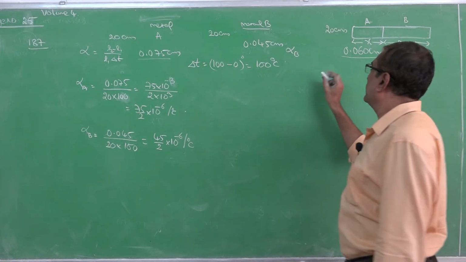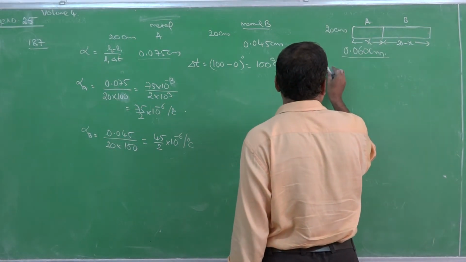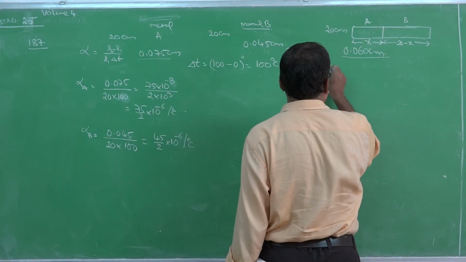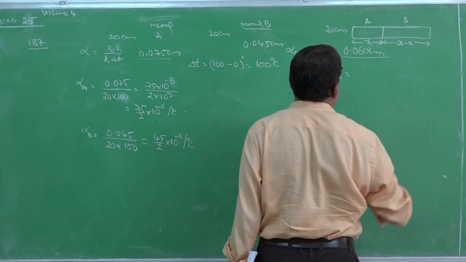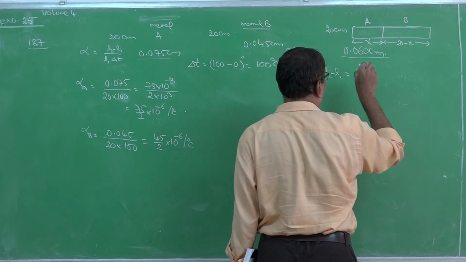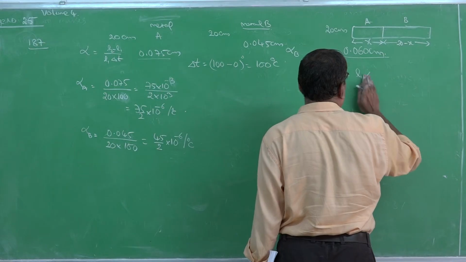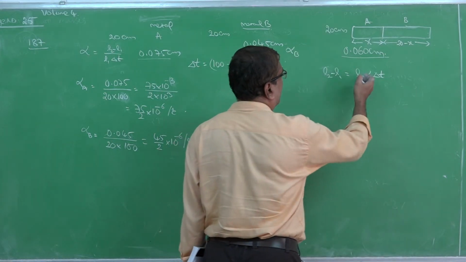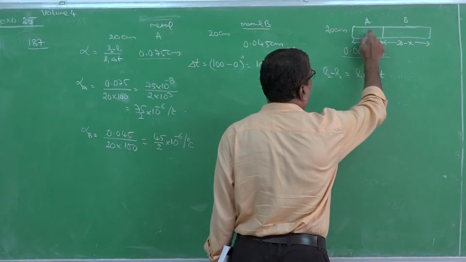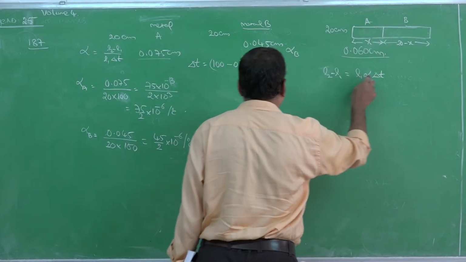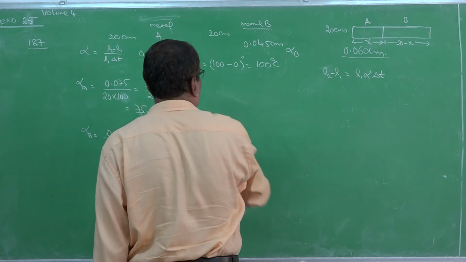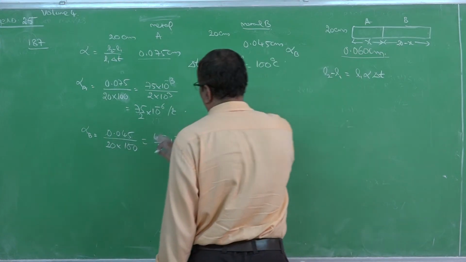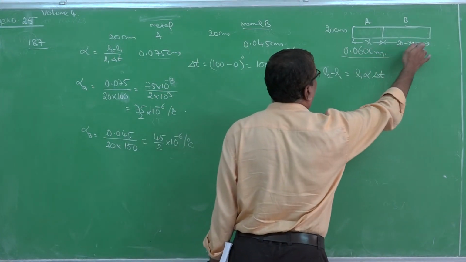The expansion, that means L2 minus L1, is equal to L1 into alpha into delta t. This is the formula. For metal A, x is the initial length, and alpha A we have already calculated. For metal B, we substitute alpha B and the length 20 minus x.